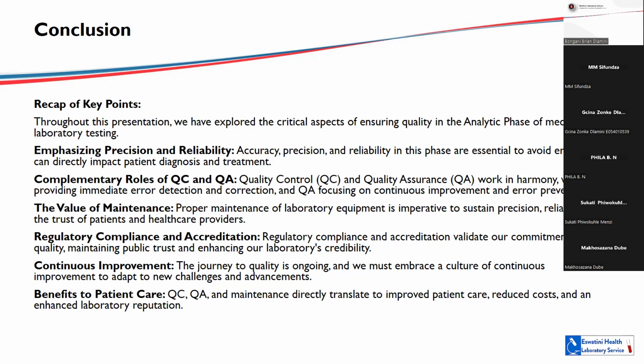The roles of quality control and quality assurance cannot be overemphasized in providing immediate error detection and correction, and focusing on continuous improvement and error prevention. As we highlighted some time back, our QC will detect the errors, but when we put up a robust QA, it will even prevent the errors from occurring.